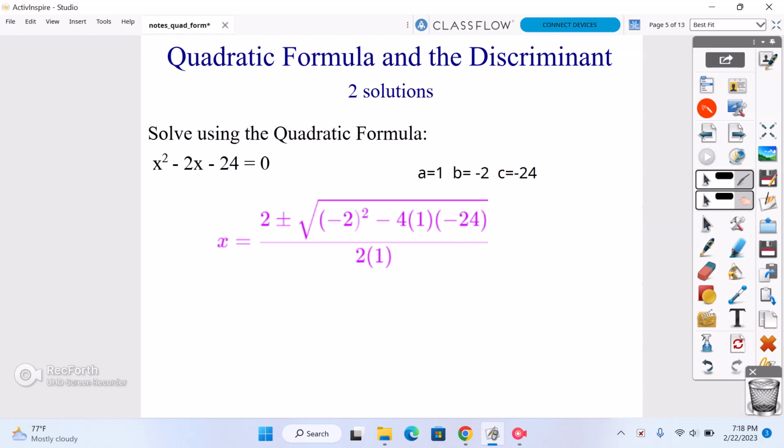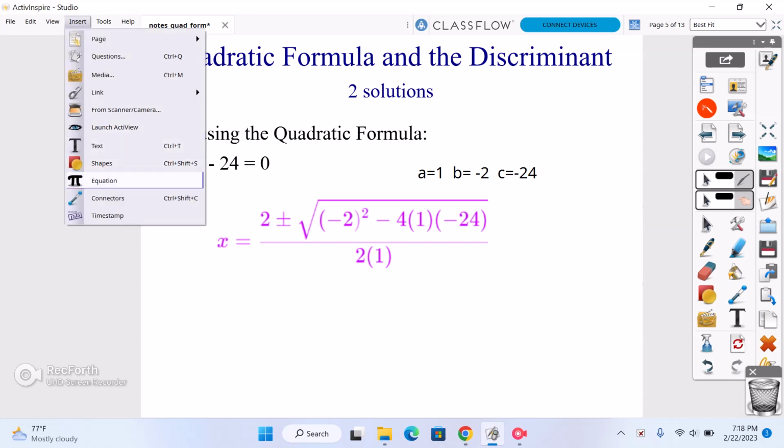So when you type this into your calculator or when you simplify, you always want to start with inside your square root first. So negative 2 squared would give us 4 minus 4 times 1 times negative 24. You want to multiply all of that first.